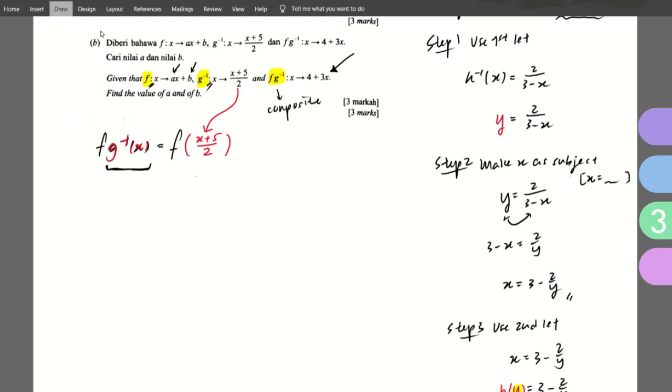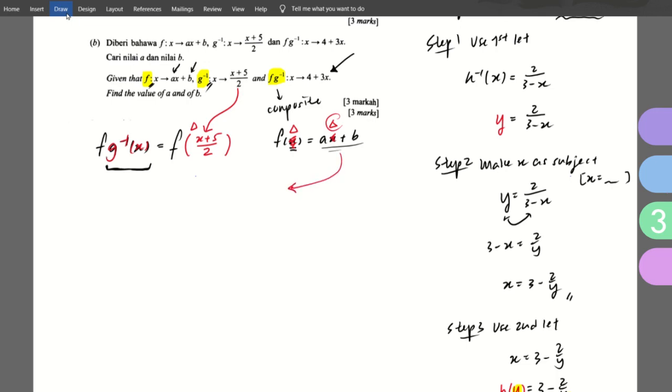What this means is, if your object is x, your image here would have x. So you can treat this x as a triangle. If your new triangle is x plus 5 over 2, then you just have to change the triangles here.